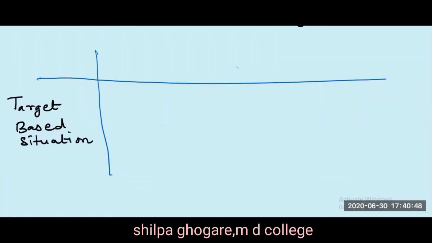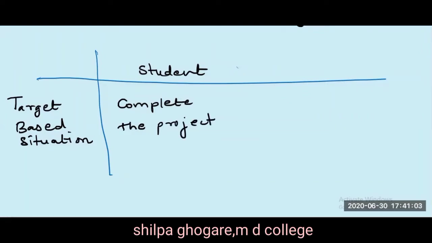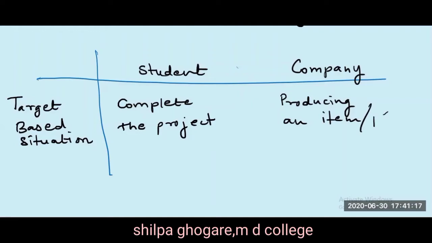Let's take for example, a student is there who wants to complete the project. So complete the project is the target for the student. Or you have a company who is producing some items. So producing an item or a product.